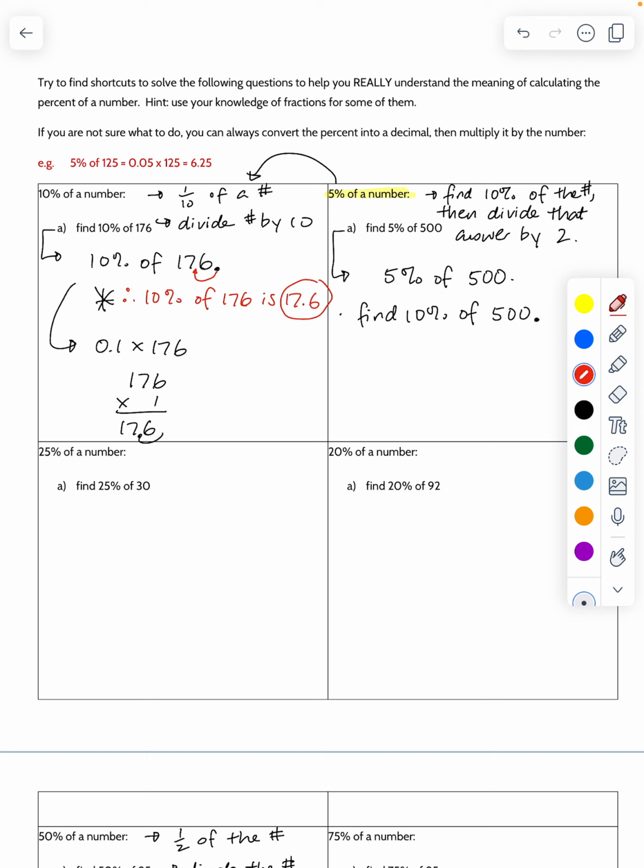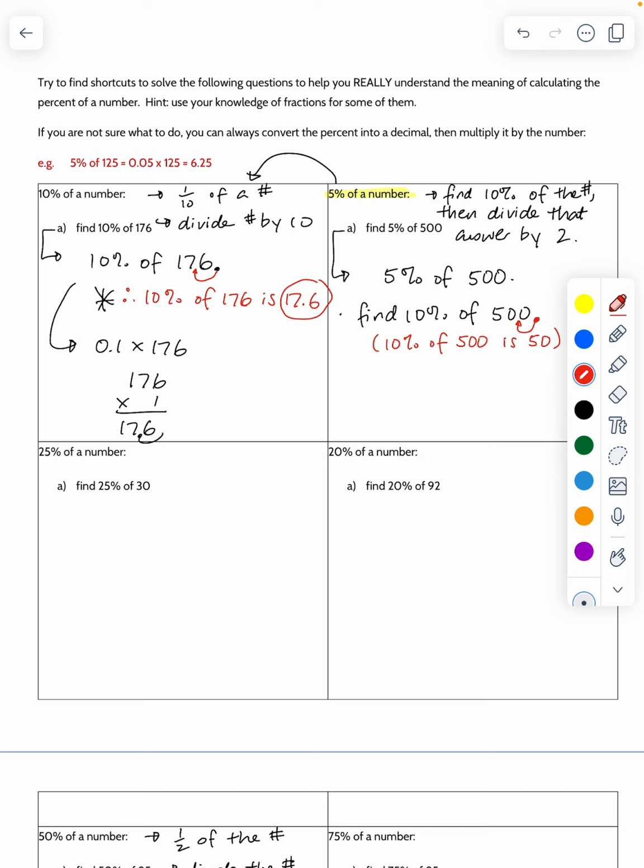Imagine that the decimal point is always right there at the end of any whole number, and you move it to the left by one spot because that's taking 1/10 of it or dividing it by 10. So 10% of 500 is 50, because again, you're moving it one spot to the left.